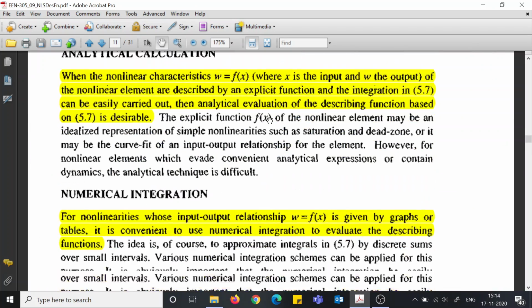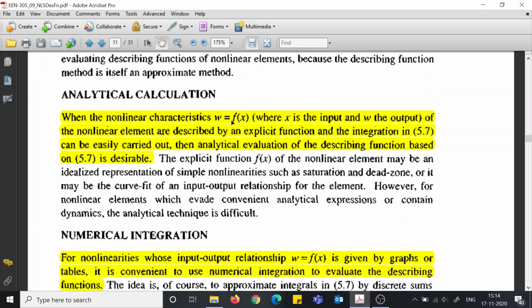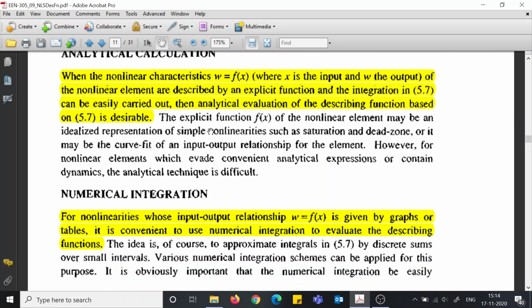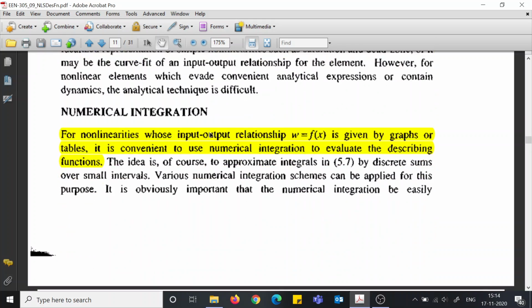And how to compute it? There are several ways. Analytical computation: when you already know the function, then you can calculate the Fourier series, so you can calculate A1 and B1. Basically A1 and B1 is what we need to calculate in the Fourier series, and then we get the describing function.